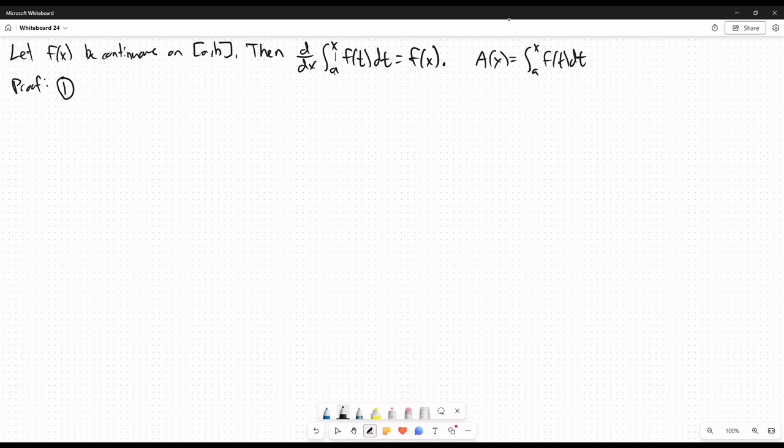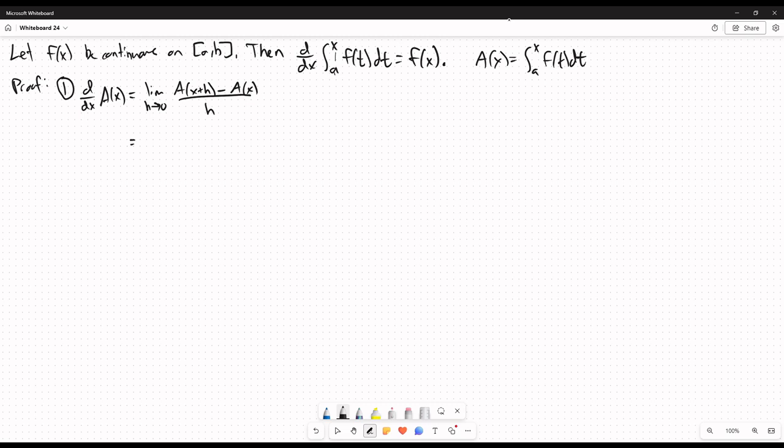So by the derivative definition, we have that the derivative of this thing here, I'll just write the derivative of A of x, because that's why we wrote that. That's going to be the limit as h goes to 0 of A of x plus h minus A of x over h.